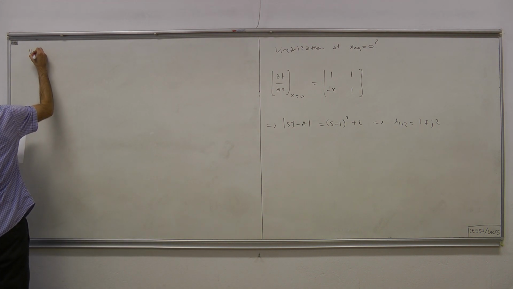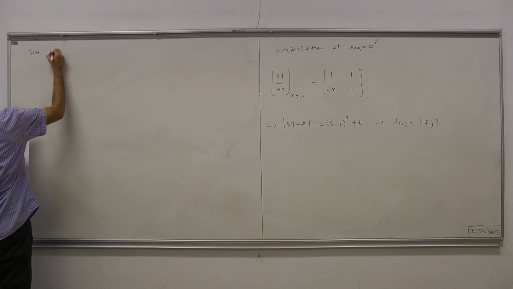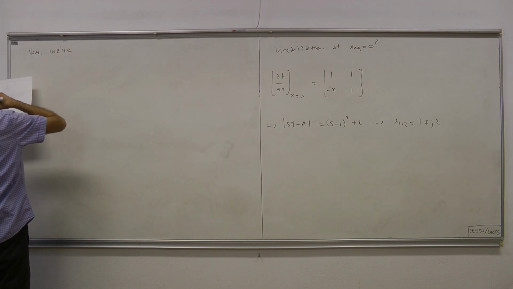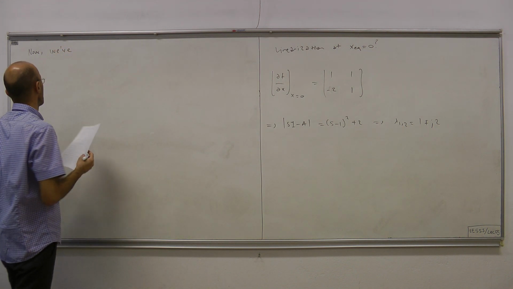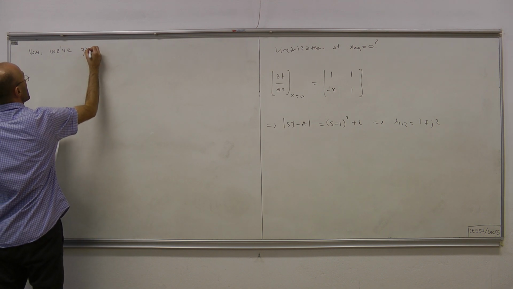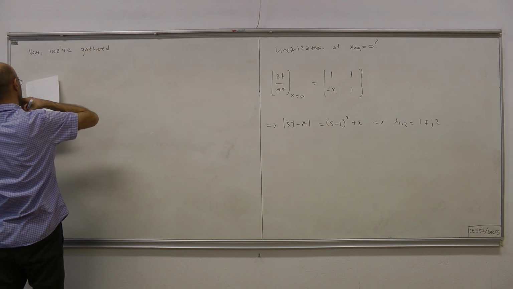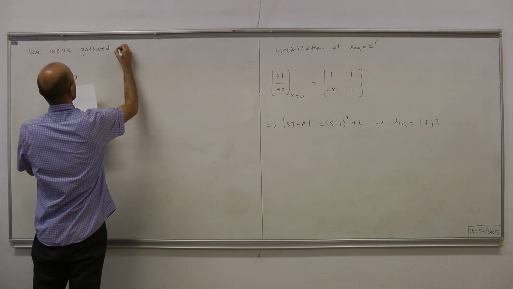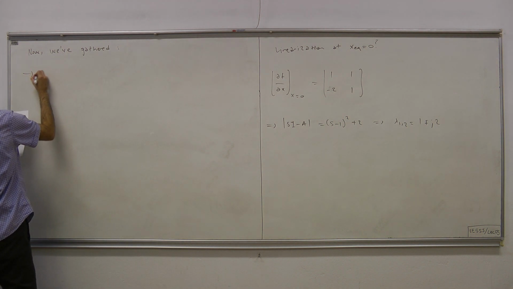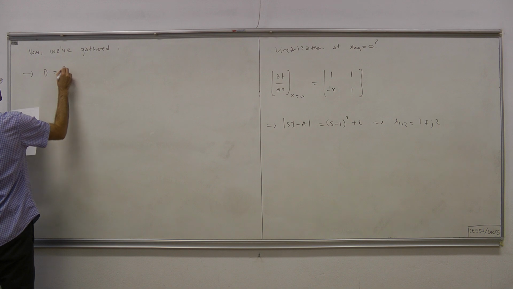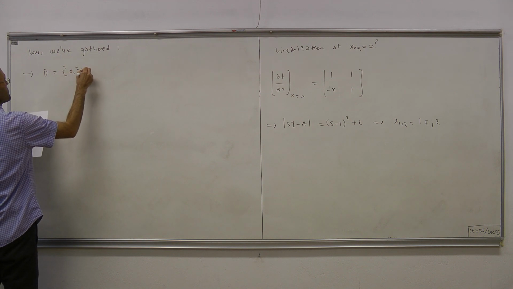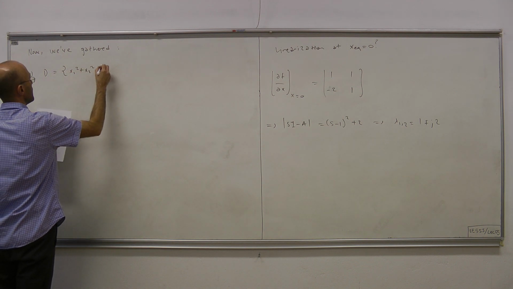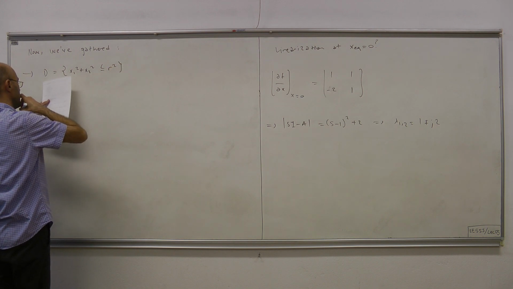Now, to summarize, throughout our analysis we have collected the following qualitative information. D, the disk x1 squared plus x2 squared less than or equal to r squared.